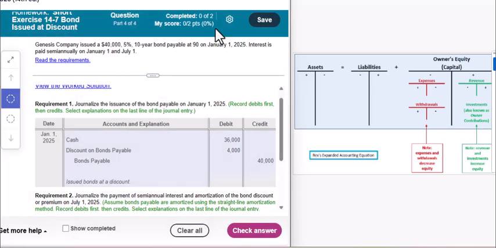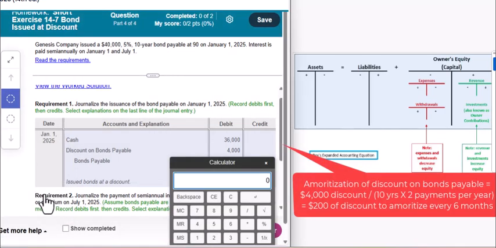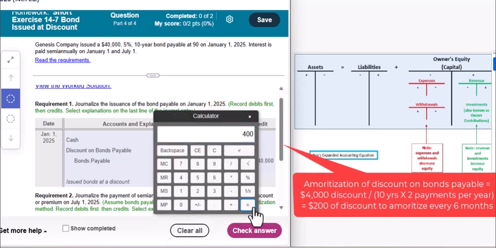So we're going to take the $4,000, spread it out over the 10 years, and then since that amount is done twice a year, we divide that by 2 here. Divided by 2 for $200.